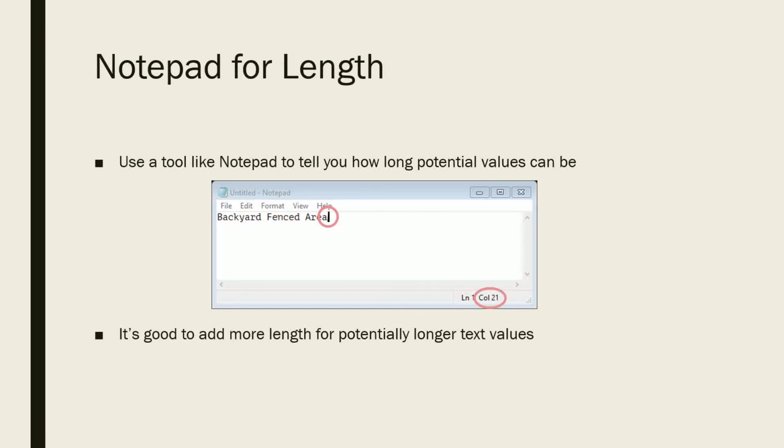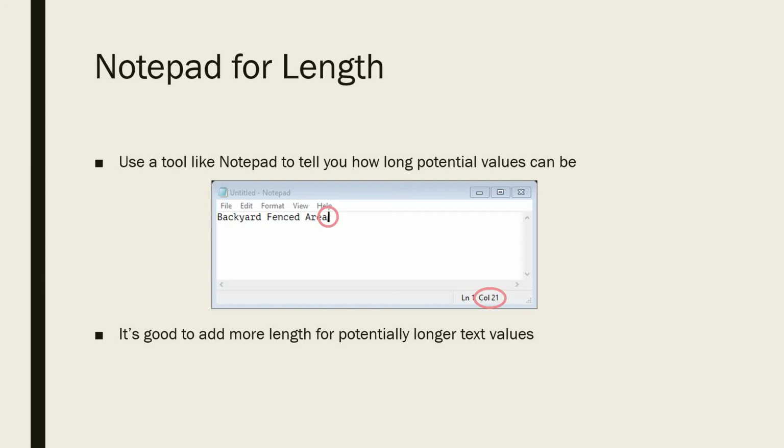Let's say that for my database, the new field that I'm creating, the longest possible value is backyard fenced area. I just chose something at random. I type it into Notepad, and I put my cursor at the very end of the text, and I look down in the lower right hand corner to see what column I'm in.